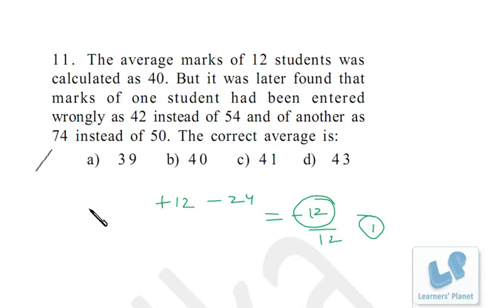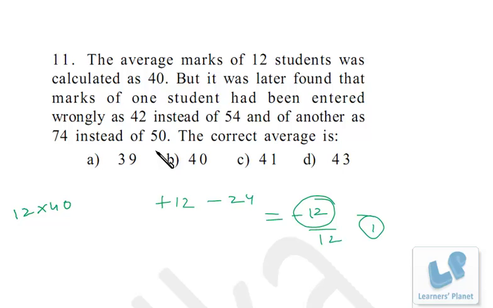Let me go once again. See, initially it is 12 into 40, the total marks, and in the total we are adding this number, deducting this, then deducting this and adding this, right? So precisely what we are doing, 42 instead of 54 has been written. That means in total 12 is being lost, and here 74 is written in the place of 50. That means 24 extra we have written, right?